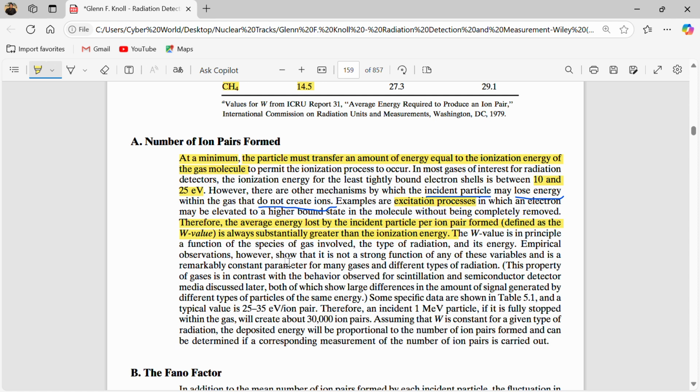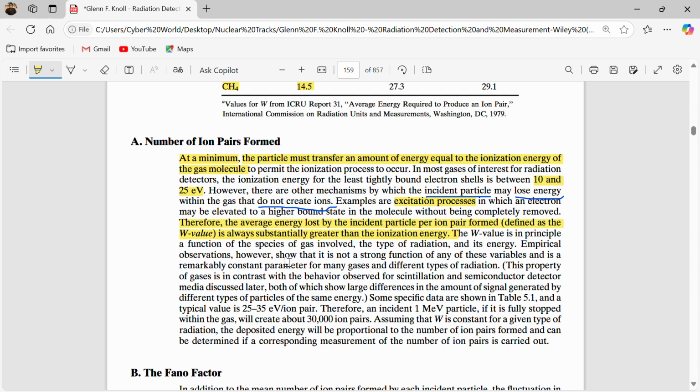Basically, the W value is a constant parameter, different for different gases and different types of radiation. This property of gas is in contrast with the behavior of the scintillator and semiconductor media discussed later, both of which show large differences in the amount of signal generated by different types of particles of the same energy.